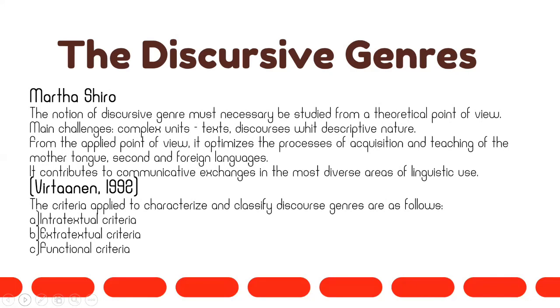Intratextual criteria. They include the explicit marks and signals found in the text. This type of criteria allows us to characterize the most frequent linguistic features that appear in the text.